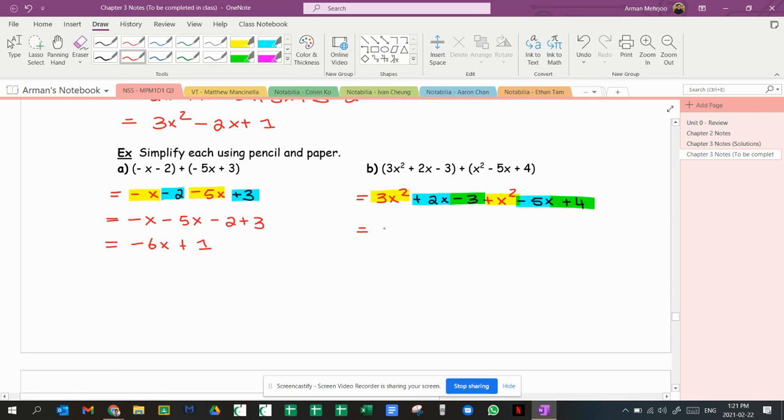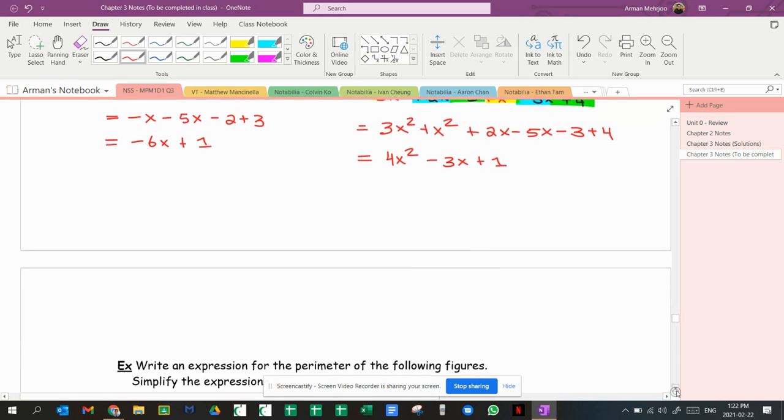And let's actually group them up. I was going to say let's simplify, but I haven't yet grouped them up. And now let's simplify. So 3x squared plus x squared is 4x squared. 2x minus 5x is going to be minus 3x. And negative 3 plus 4 is going to be positive 1.